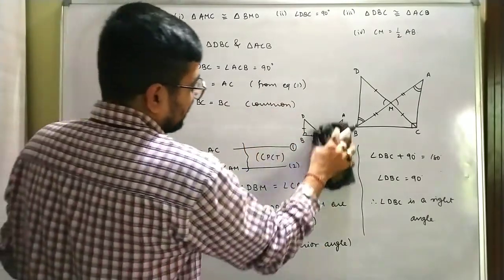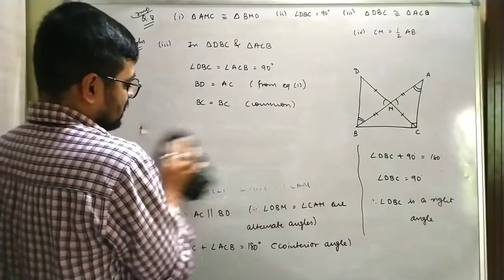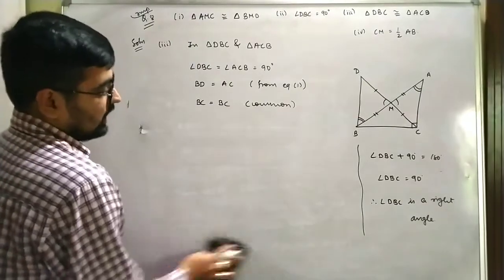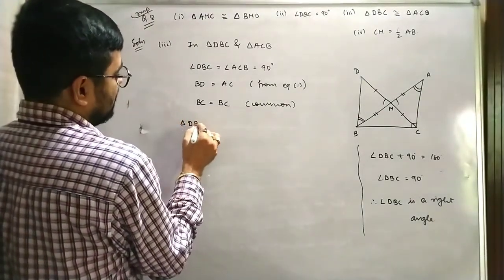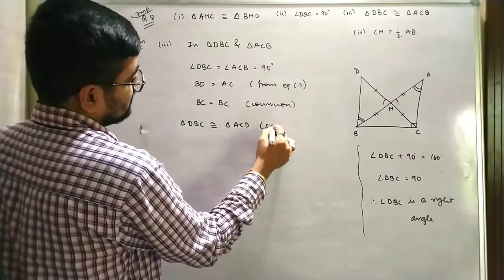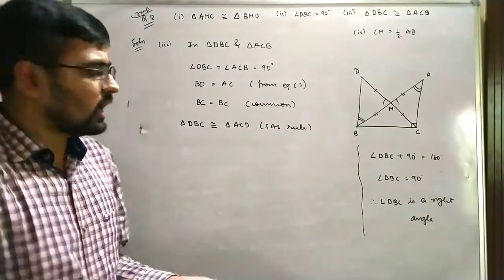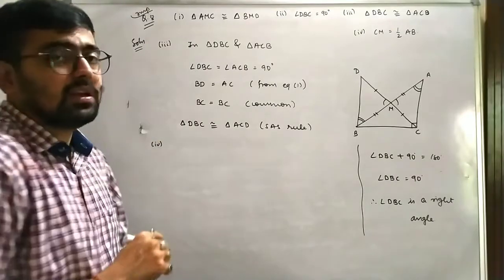Now that we got this common side, we have got 3 criteria. Which 3 criteria did we get? Side, angle and side. So I can easily say that triangle DBC is congruent to ACB by the SAS congruence rule. So we get that these are congruent triangles, and that's how the third part is done.